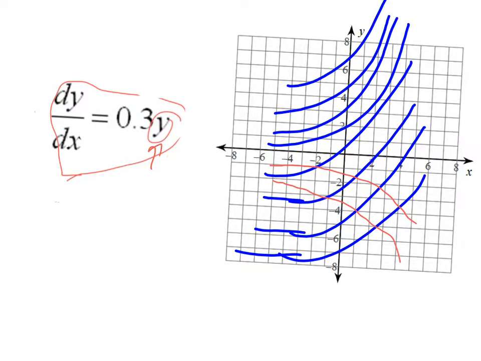As you go further down the y, your slope is going to be steeper. If you plug in -6, you're going to get a slope of -6 times 0.3, which is -1.8. So down there, we should see something between a slope of 1 and 2, something like this.